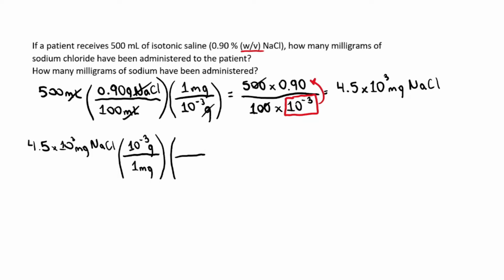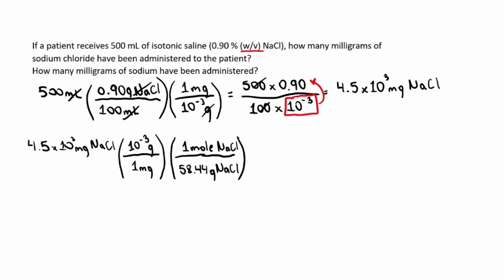The reason we're doing this is because we're going to use the molar mass of sodium chloride, and molar mass is grams per mole. For every 58.44 grams of sodium chloride, you get 1 mole of sodium chloride.